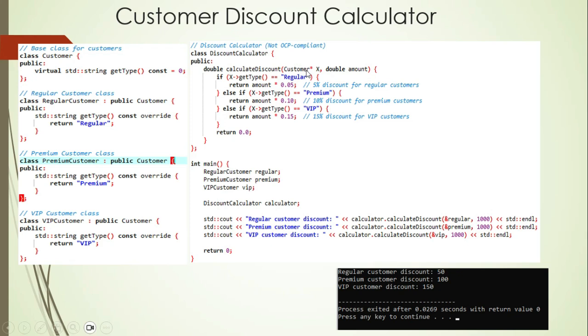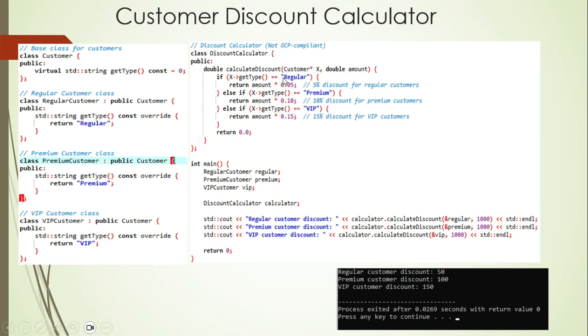Okay, so what is this? This is a pointer, a pointer x for the class customer, and amount. So if x points to get type is regular, all of these conditions will be checked.